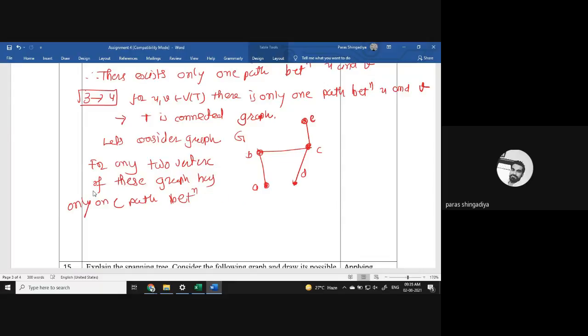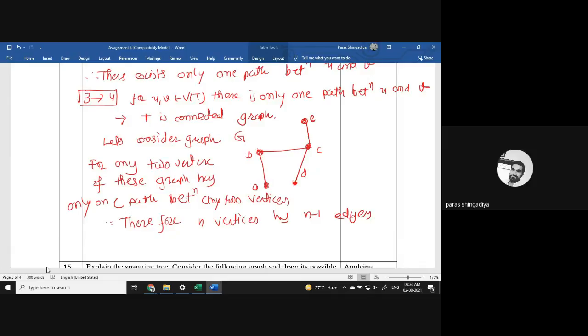Here I can put any two vertices. And thus we can say that therefore, for n vertices, n vertices has n minus 1 edges.